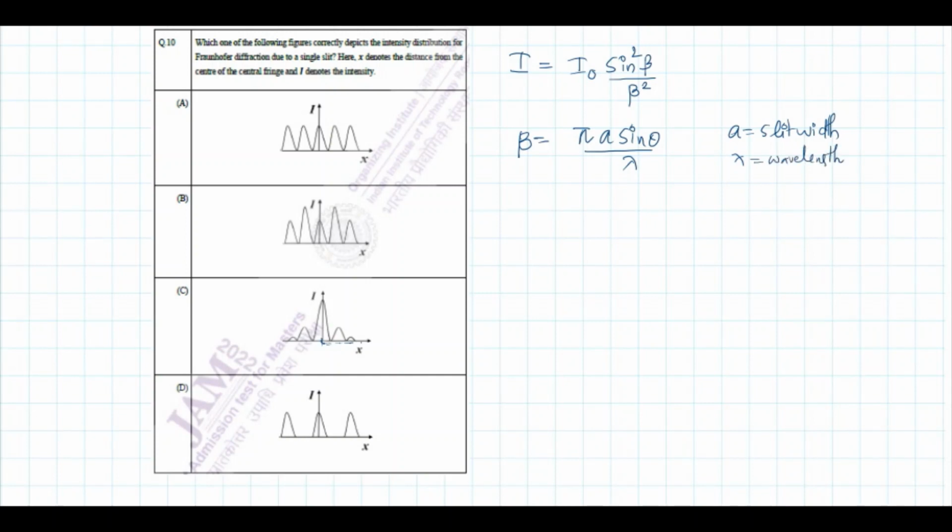What is sine theta? If the distance from the center to the outward direction on either side is denoted as x, then sine theta is approximately x divided by d, where d is the distance between slit and screen.